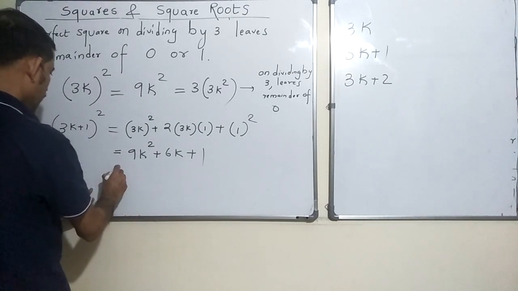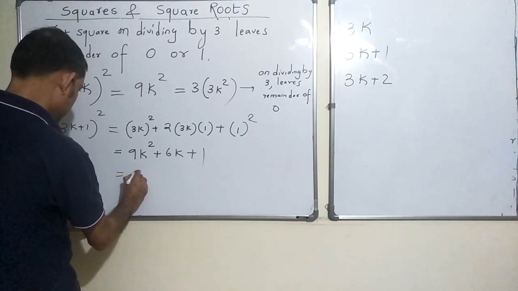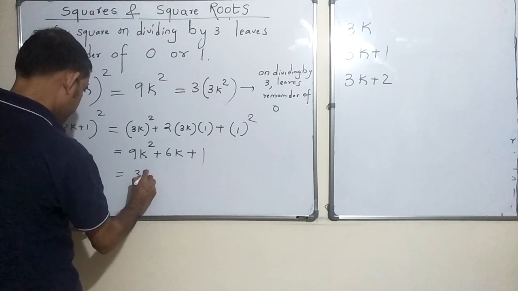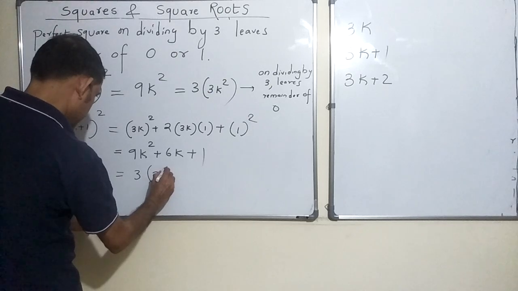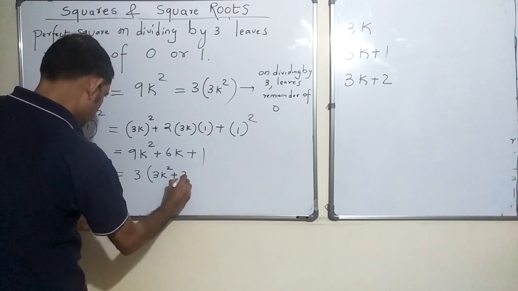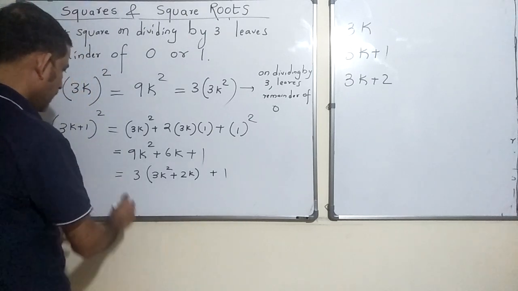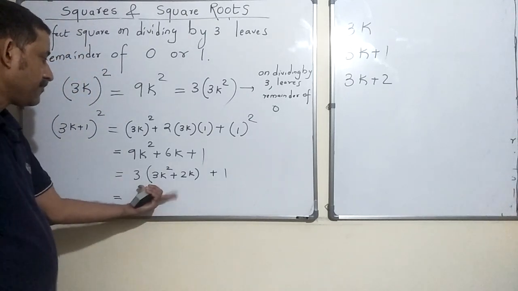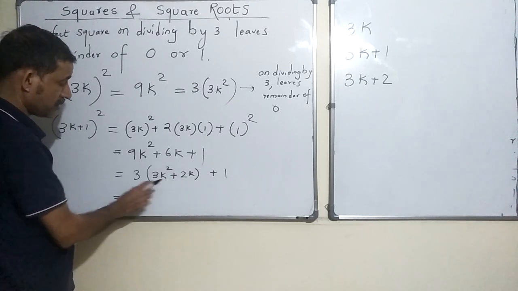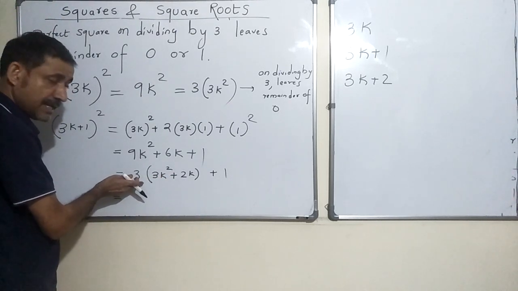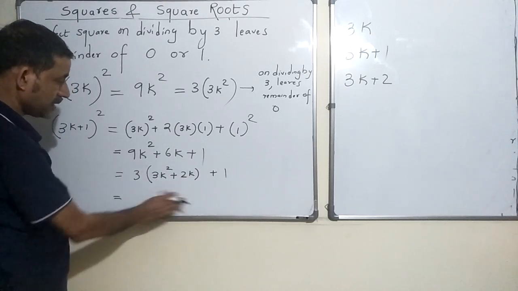All right, so what do we do now? So can I say 3 times 3k square plus 2k, plus 1, right? So this is divisible by 3 because it has 3. So 3 into something. When I divide, the quotient will be only this, 3 and 3 will cancel.